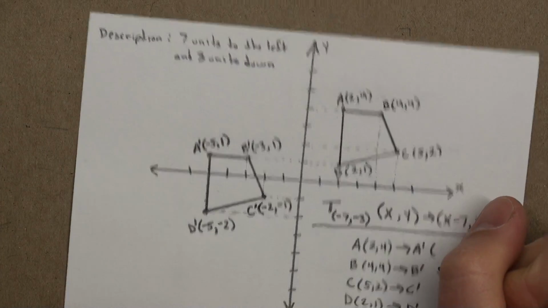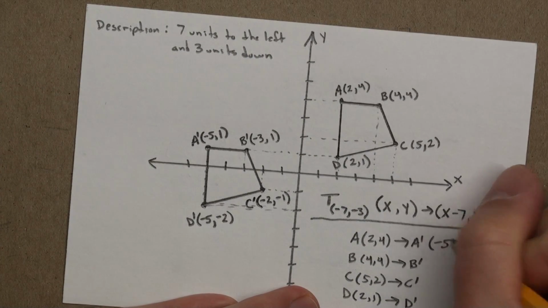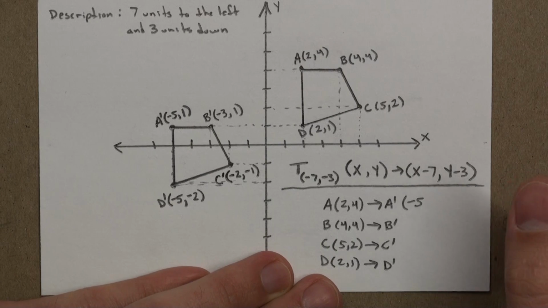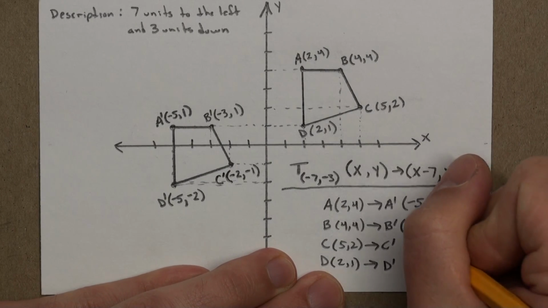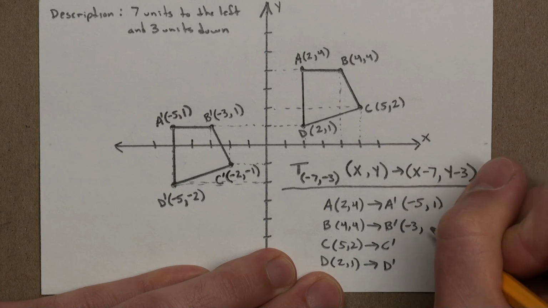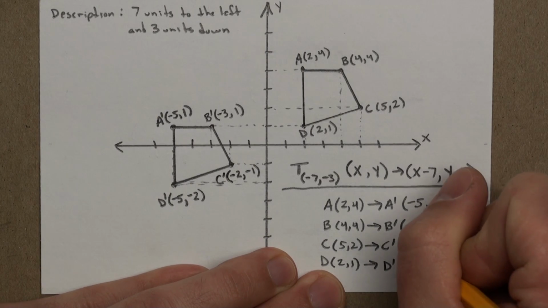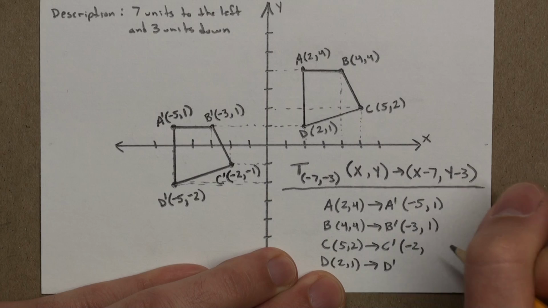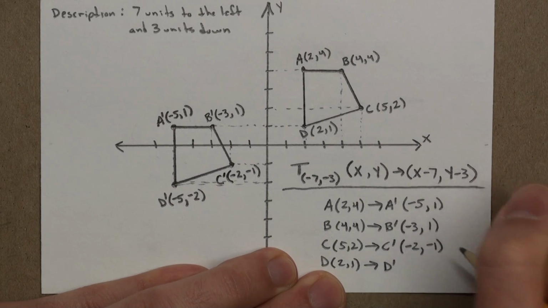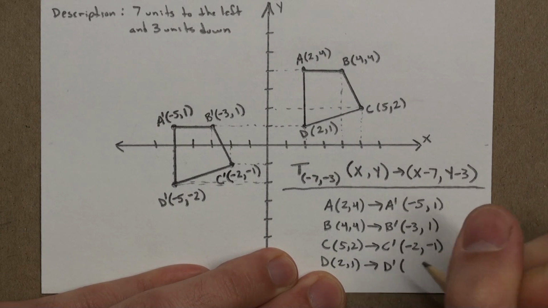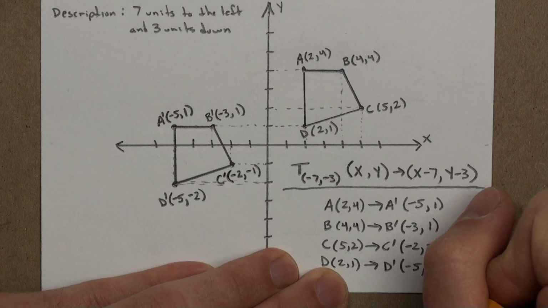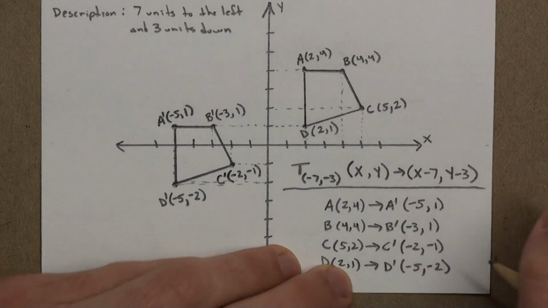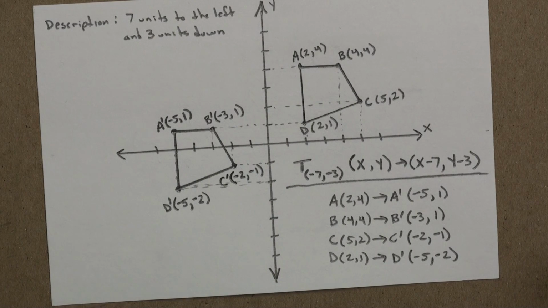So 2 minus 7 is -5, and 4 minus 3 is 1. 4 minus 7 is -3, and 4 minus 3 is 1. 5 minus 7 is -2, and 2 minus 3 is -1. And 2 minus 7 is -5, and 1 minus 3 is -2. Alright?